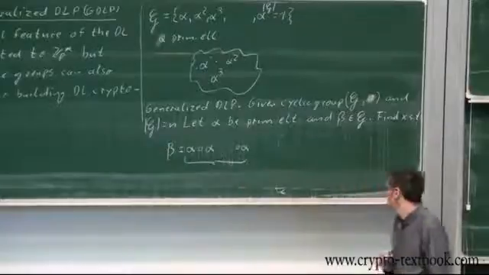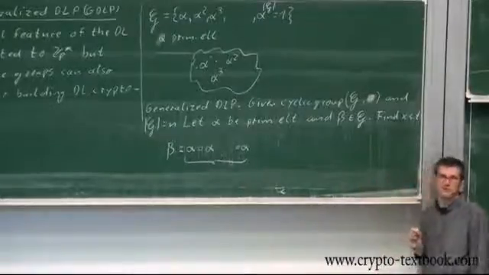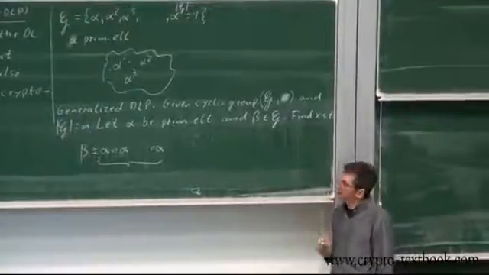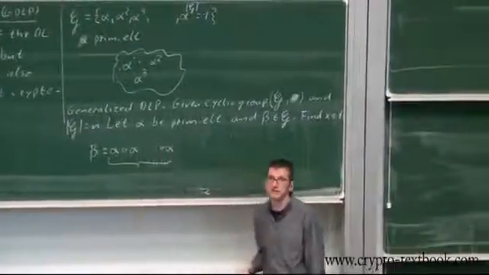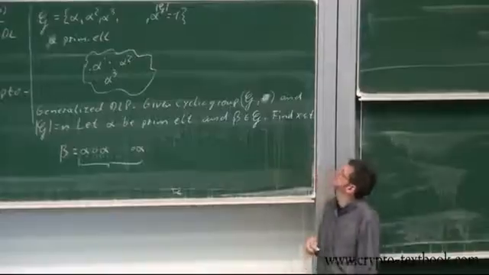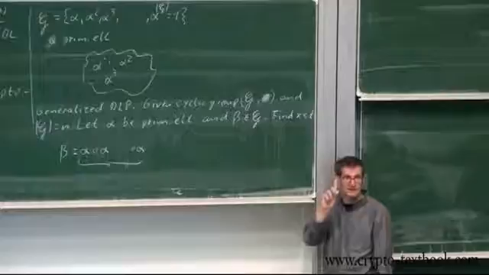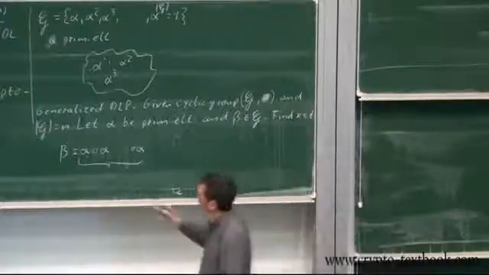How many times do we do that? How many alphas do I have here? This is x. X is the counter of how often I do the group operation.